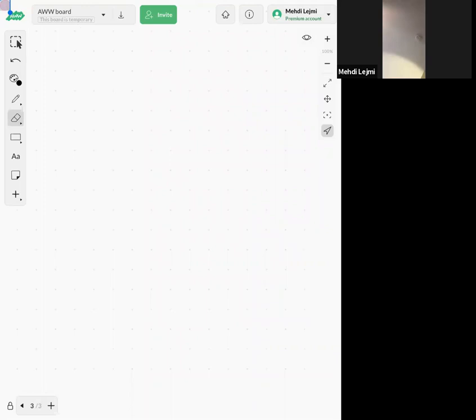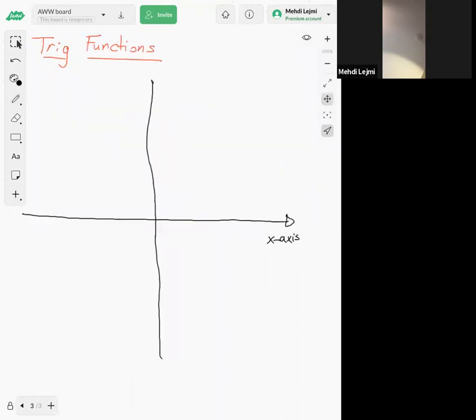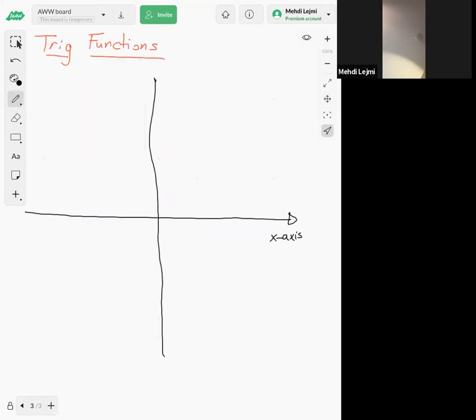I was saying I'm now going to introduce the trig functions, and talk a little bit about them. I'm going to draw a big circle, the unit circle. Here I have my x-axis and this is supposed to be my y-axis.